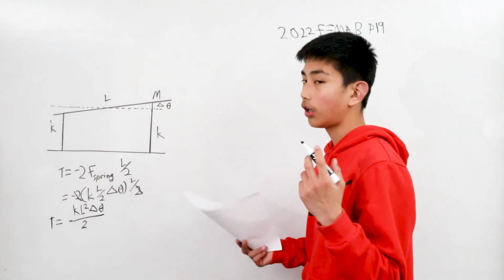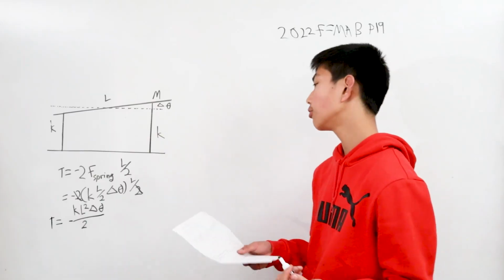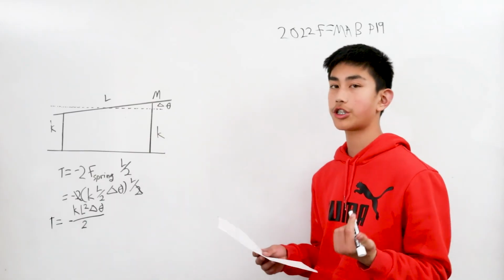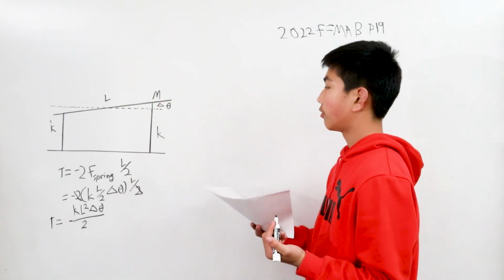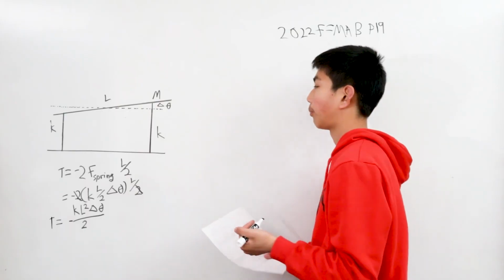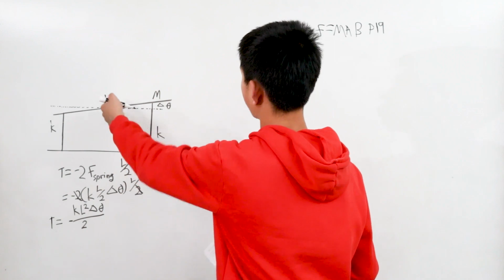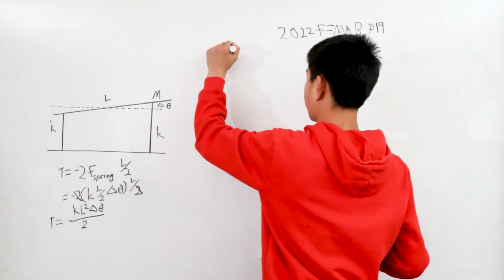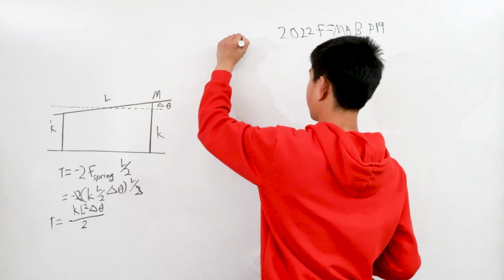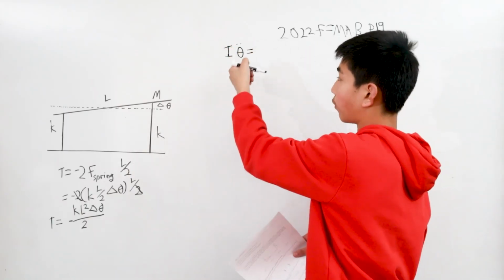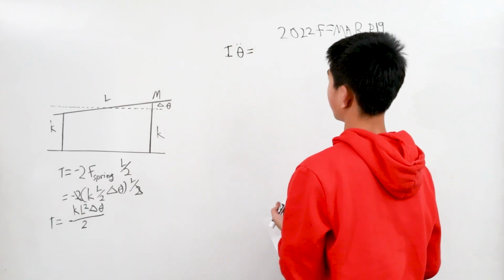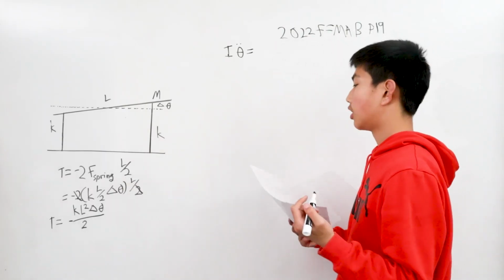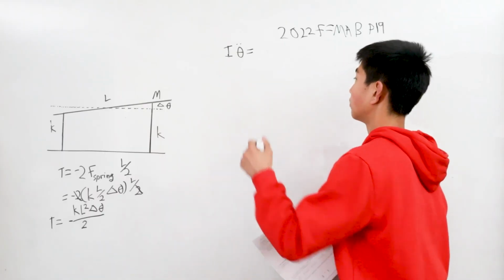Now, like in problem 18, we want to use Newton's second law, but in this case we use the rotational form, because it's rotating around a point. We can equate Newton's rotational second law to the torque.